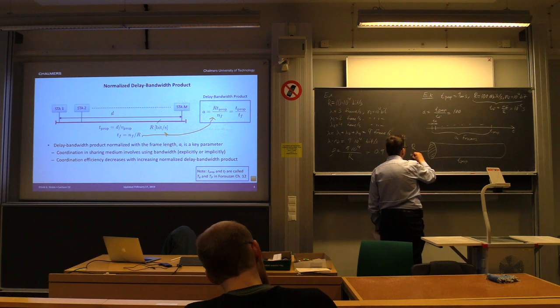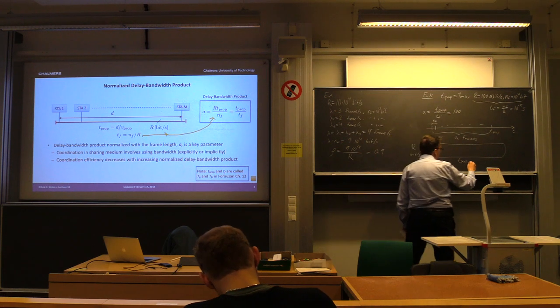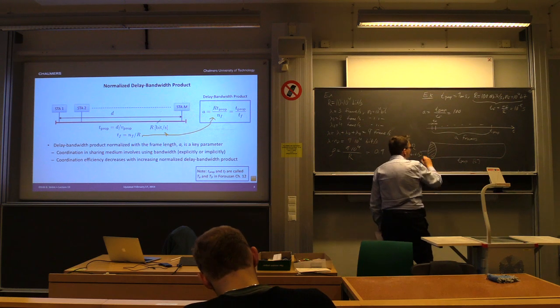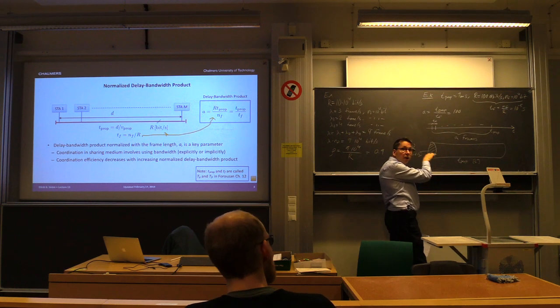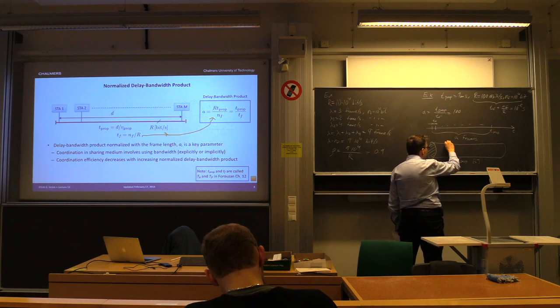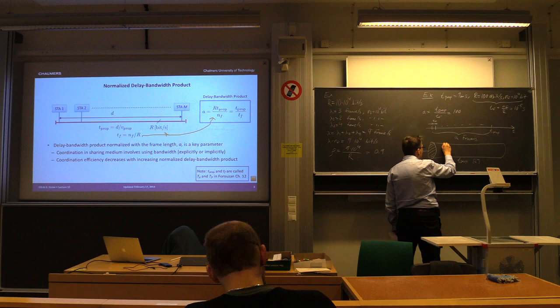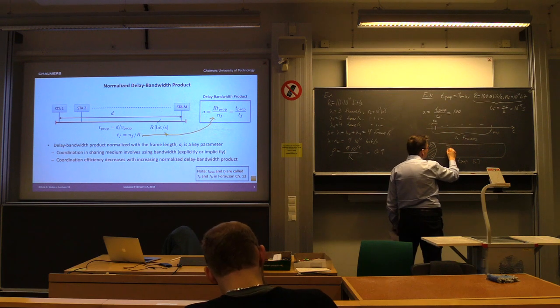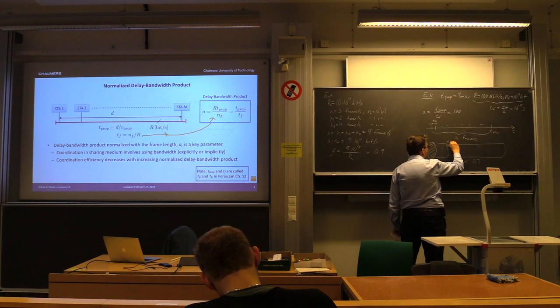So this is in bit per second, and this is in second. Then if I push in on the left-hand side a packet, a frame, it will go through the medium, and it would then occupy TF seconds like this.